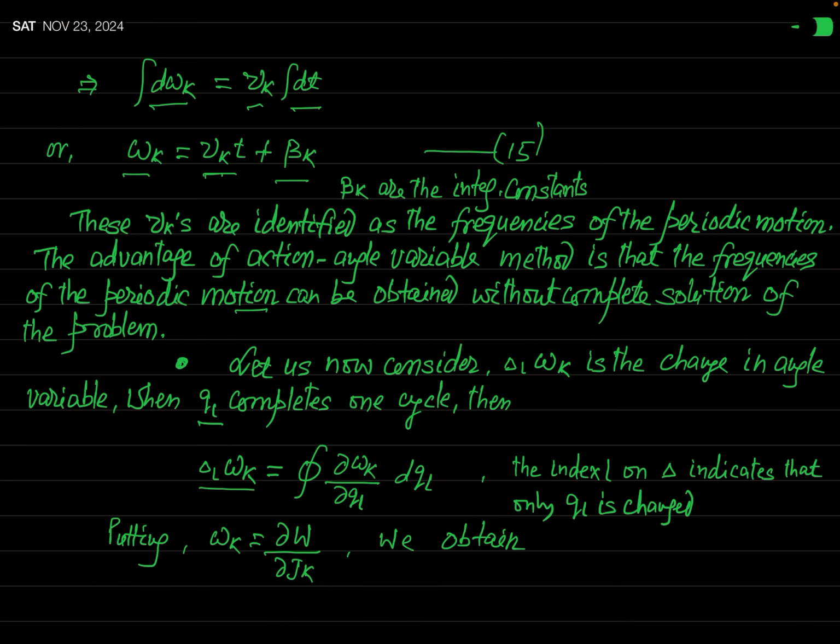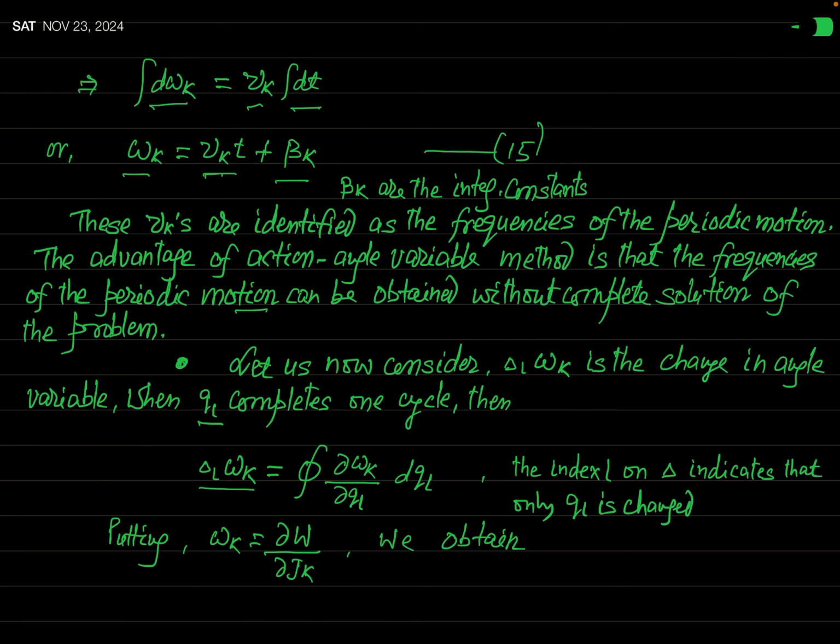Here I have written a subscript in the symbol delta. This index L on delta indicates that only QL is changed. Only QL, not Q1, not Q2, not QL plus 1, QL plus 2, QL minus 1. Those are not changing. Only QL changes.